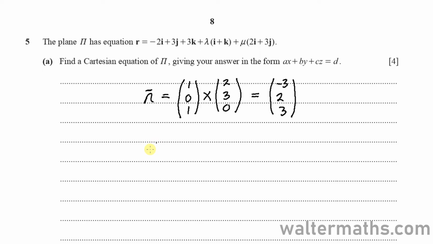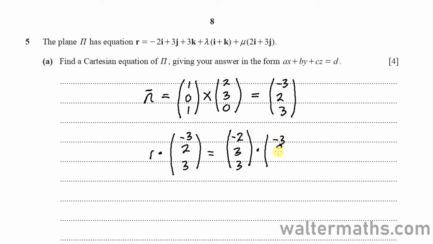Now, the equation of the plane is going to be r dot the normal minus 3, 2, 3. And for d, we say a dot n, where a is a point on the plane. So we are going to take minus 2, 3, and 3, dot n, which is minus 3, 2, 3.